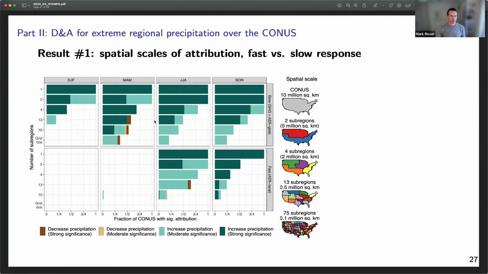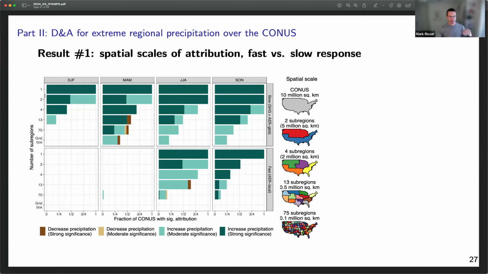The top row is looking at the slow precipitation response, which is coming from both the greenhouse gas emissions as well as the global aerosol effect. And the bottom row of these panels is the fast precipitation response, the local aerosol response.